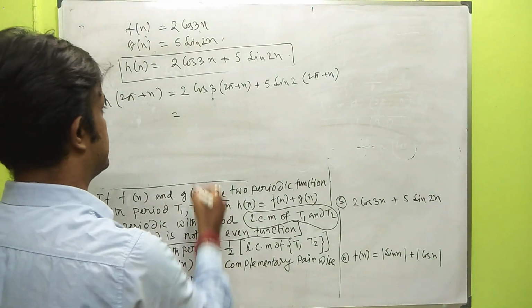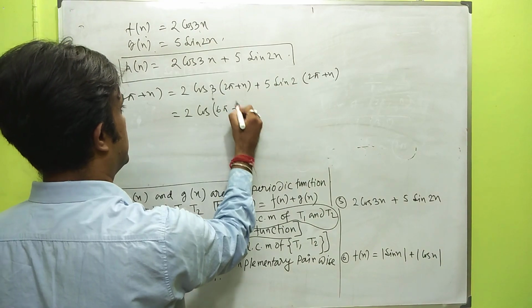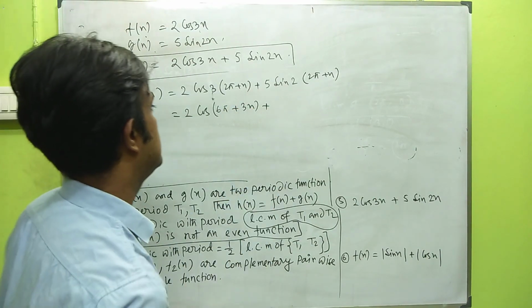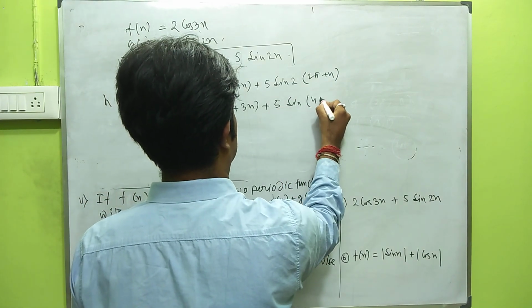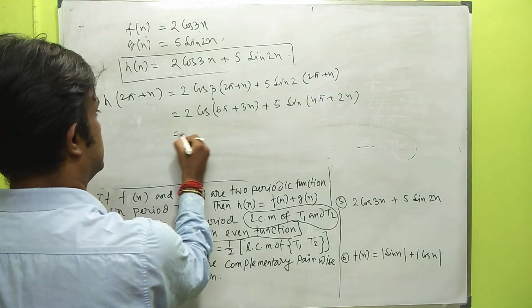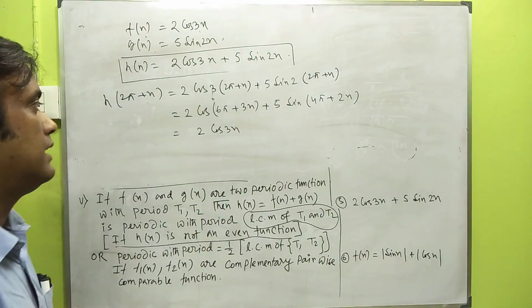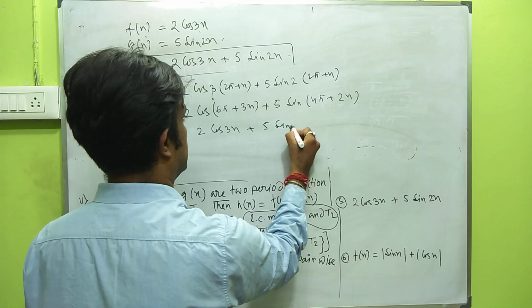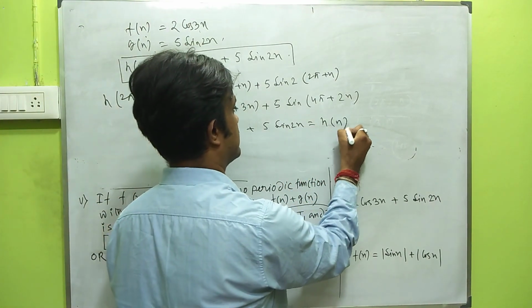This will be 2 cos (6 pi plus 3x) plus 5 sin (4 pi plus 2x), and this is 2 cos 3x, and this is 5 sin 2x, this is h(x).